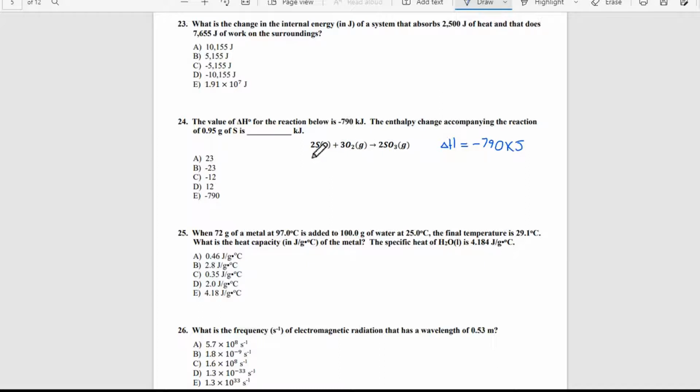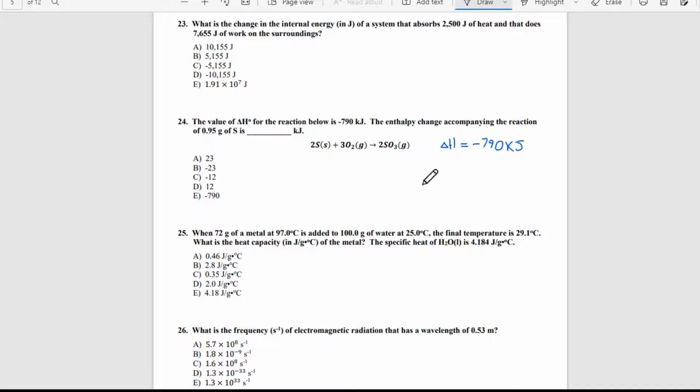So in this case specifically, 2 moles of sulfur reacting with 3 moles of oxygen to produce 2 moles of sulfur trioxide would release 790 kilojoules of energy. Does that make sense?